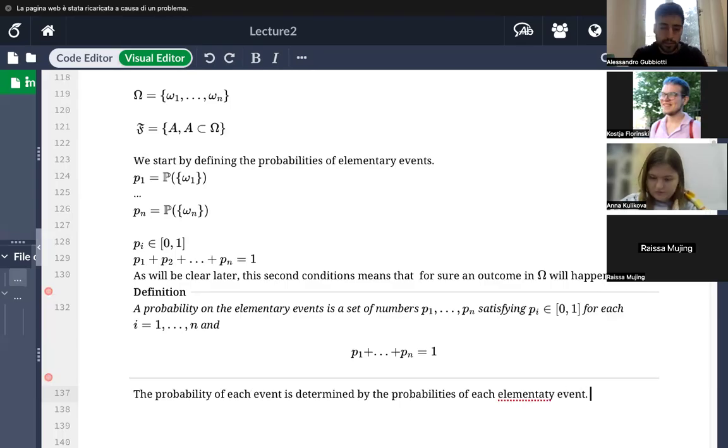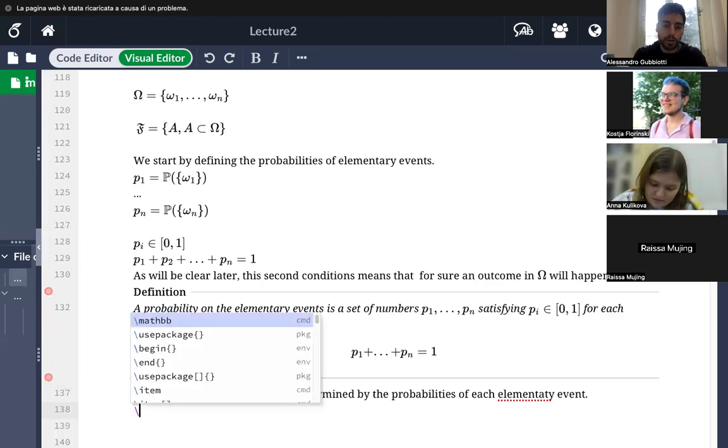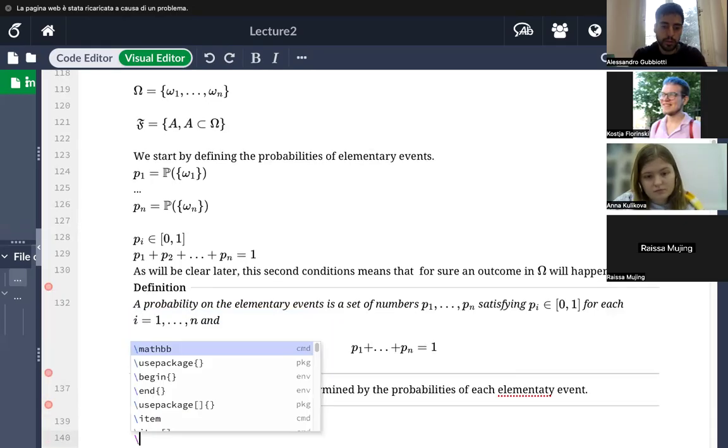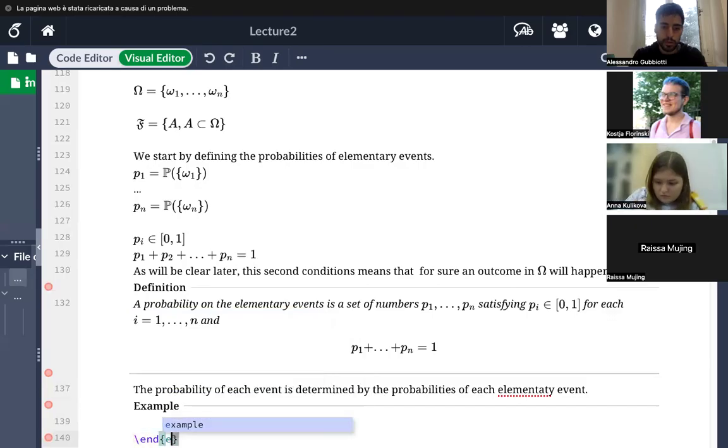So, for instance, let me do an example, and then give the definition. The example is like a die has been rolled.